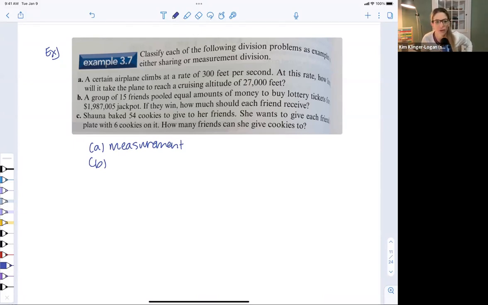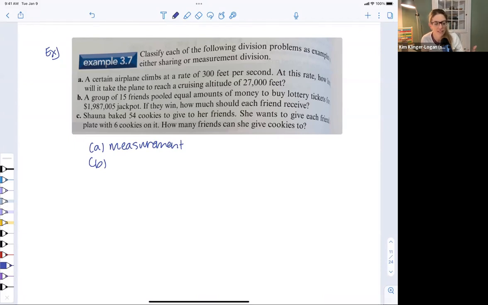In part B, we have a different example. A group of 15 friends pooled equal amounts of money to buy lottery tickets for a $1,987,005 jackpot. If they win, how much should each friend receive?